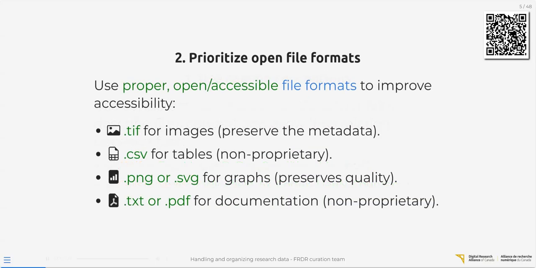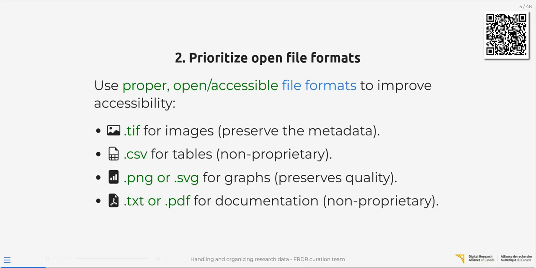The second key practice is to prioritize open and accessible file formats. Using proper formats improves the accessibility and longevity of your data, making sure that others, and your future self, can open and use the files without relying on specific software. For example, use .tiff files for images to preserve both quality and metadata.